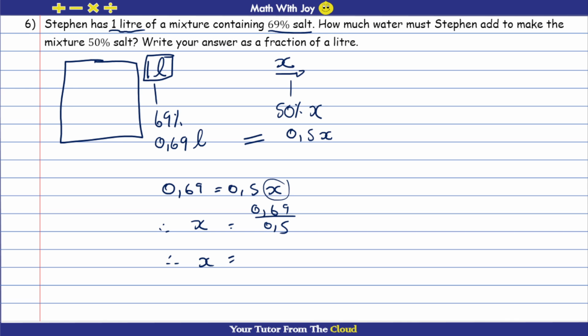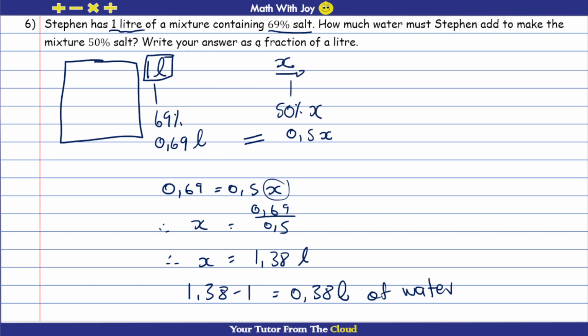So we have 0.69 over 0.5, and that gives us 1.38. So that's the total size of the mixture, right? So how much water must be added? That will be 1.38 minus 1, from the initial size of the mixture. So that means you must add 0.38 liters of water.